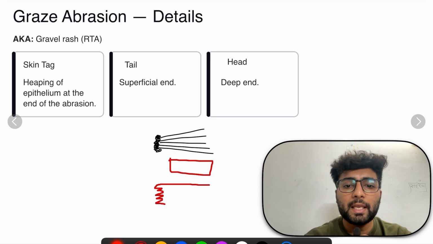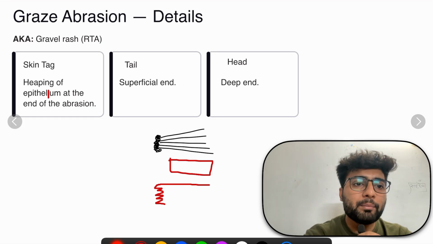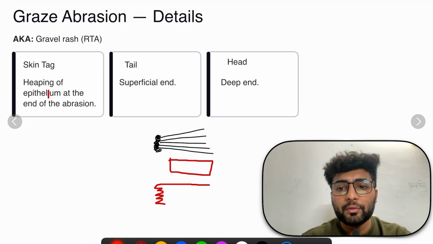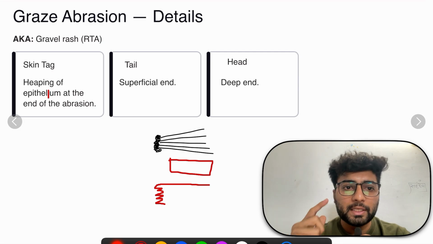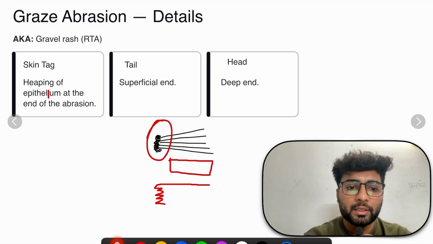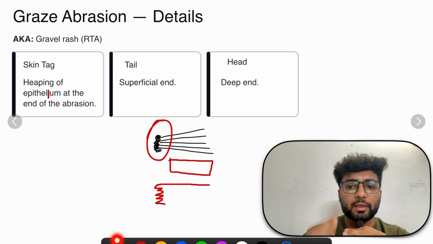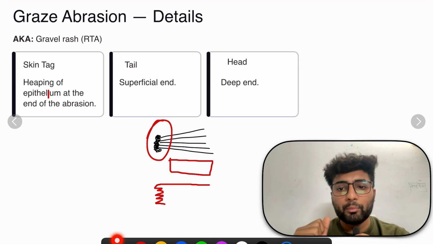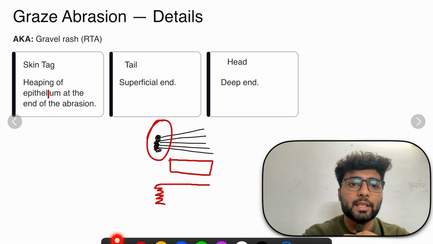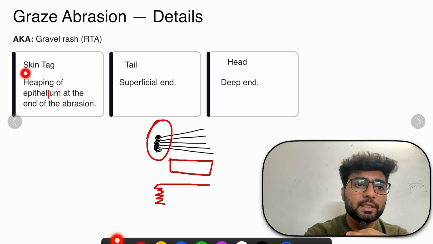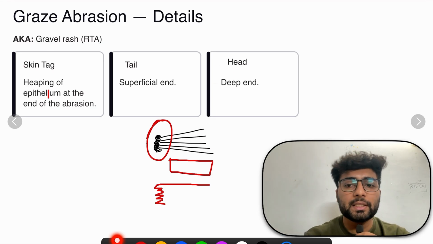So on the tail end we will see heaping of the epithelium at the end of the abrasion, which is called skin tag. See this over here, this is a skin tag because the entire skin goes to the bottom end or tail end. So tail end is superficial, tail end has skin tag, and the head end is deeper.